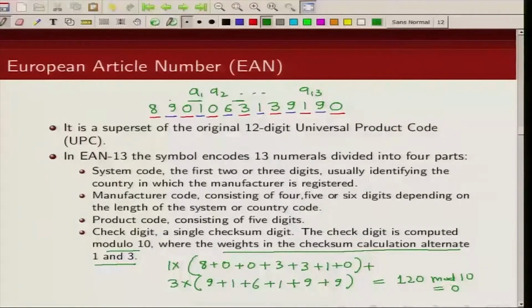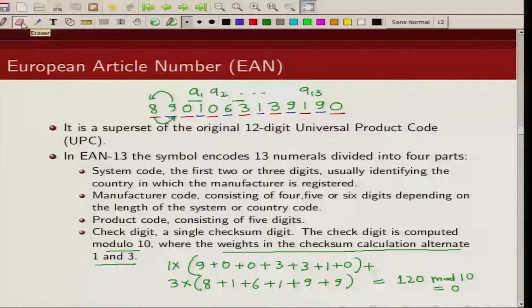For example, if these 2 bits would have got exchanged, then what would have happened? This would have become 9 and this would have become an 8. So, this sum would have changed.